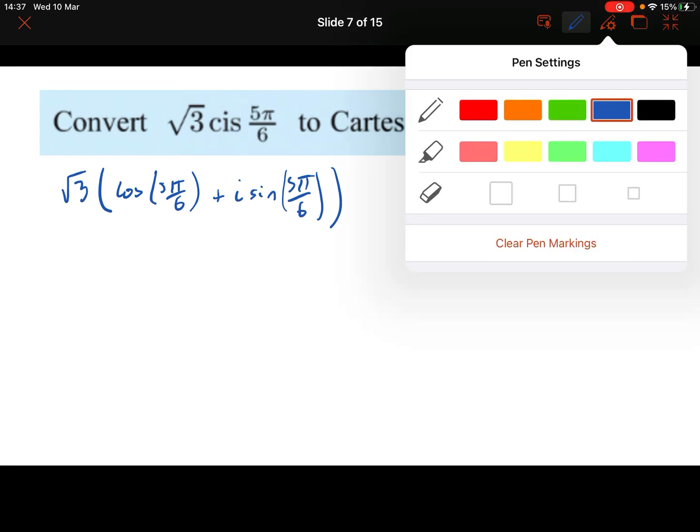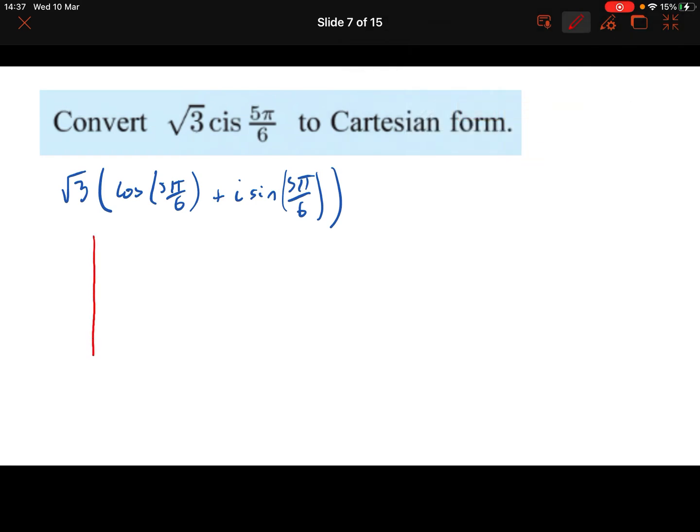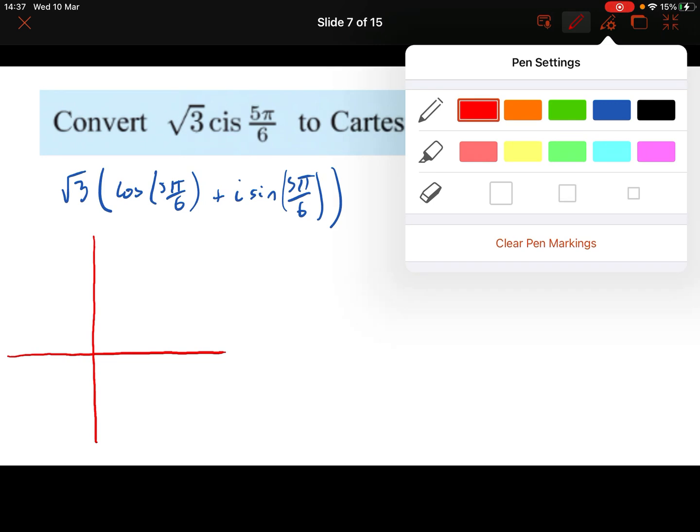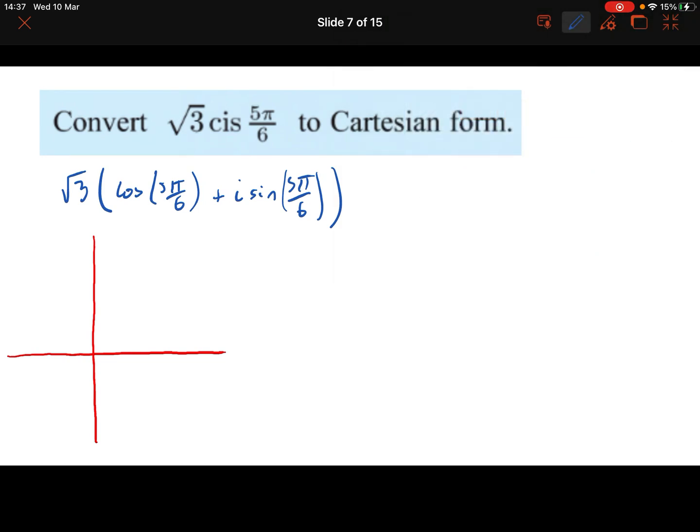So again, let's do an Argand diagram. Now what we know is that the angle is 5 pi over 6. That's nearly pi, so it's maybe somewhere like this, and it has a modulus of root 3.